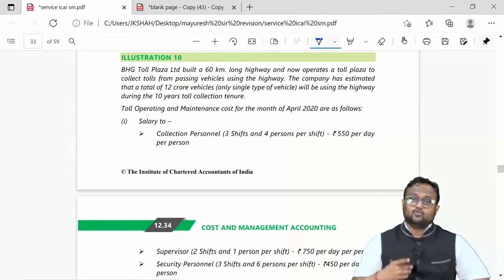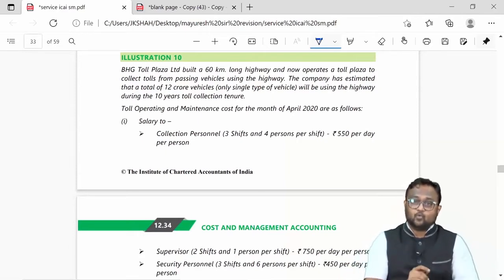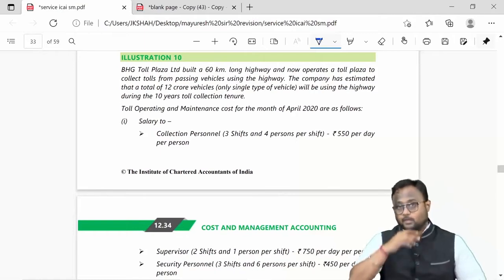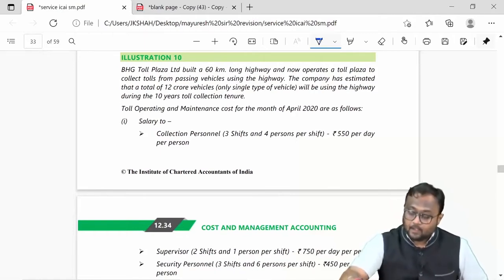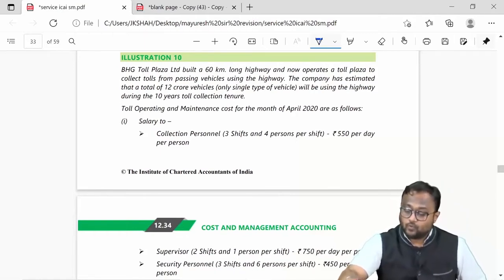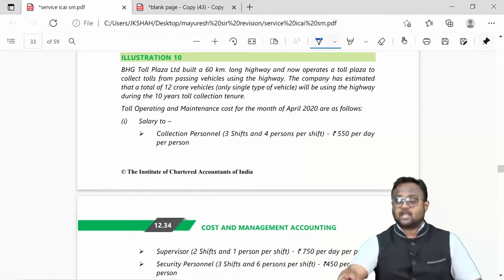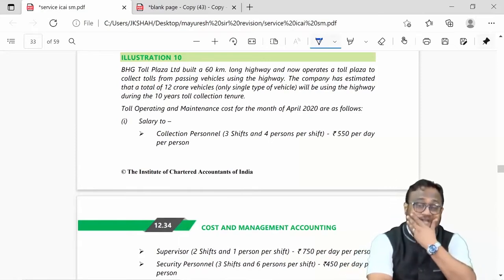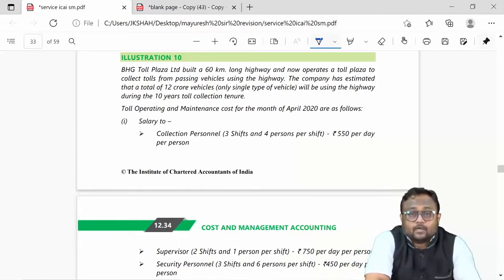So 1.2 crore vehicles per annum, which is around 10 lakh vehicles per month.